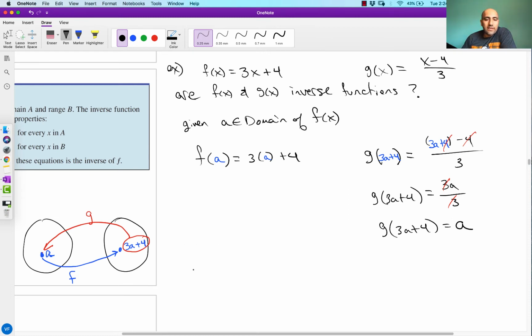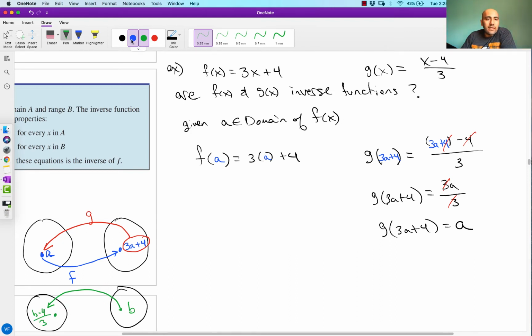Now what if I had the reverse? I'm going to start off with some b value in the g function, and I'm going to plug it into the g, which means it's going to equal b minus 4 divided by 3 as my output.